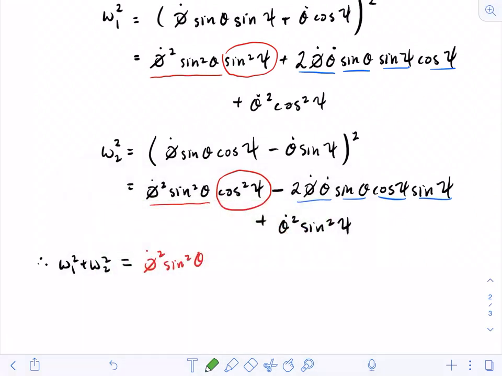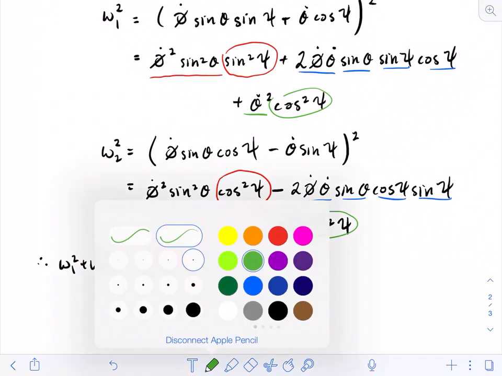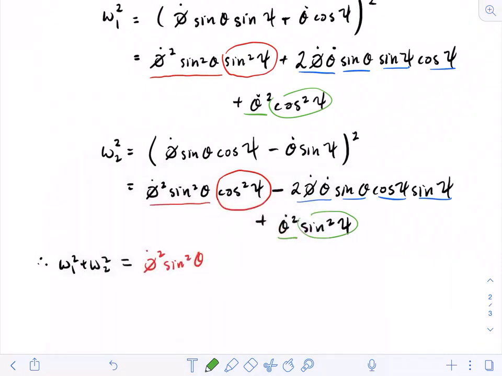And then the last term is a theta dot squared and a theta dot squared, and then we get cos squared psi, sine squared psi, which again, we factor out the theta dot squared, and we get cos squared plus sine squared is 1. And so we get just a plus theta dot squared. Okay, so that's good.